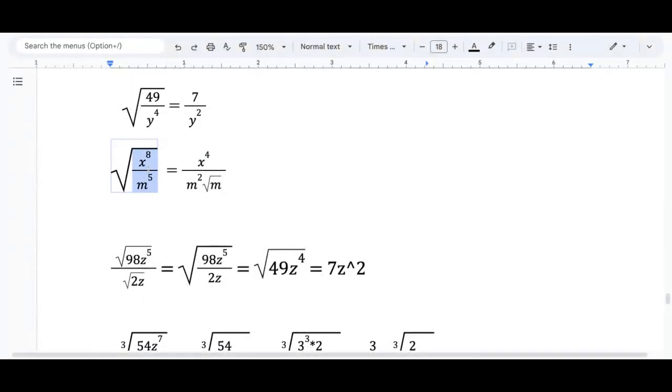Square root of x raised by 8 divided by m raised by 5. X raised by 8 divided by 2, that's x raised by 4. M raised by 5 is m raised by 4 times m. So square root of m raised by 4 becomes m squared, but still one more inside the radical sign, m, square root of m.